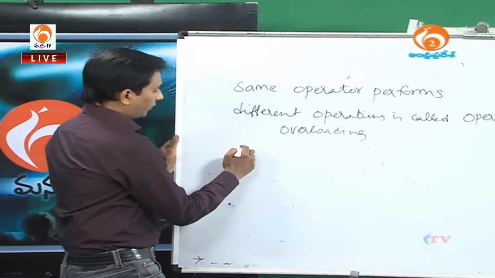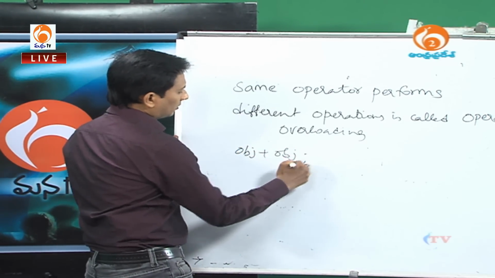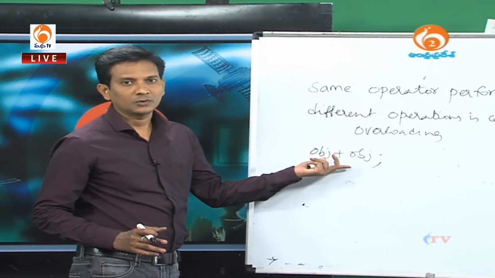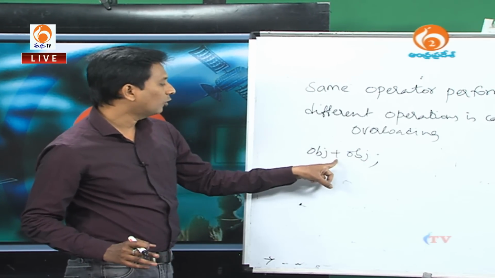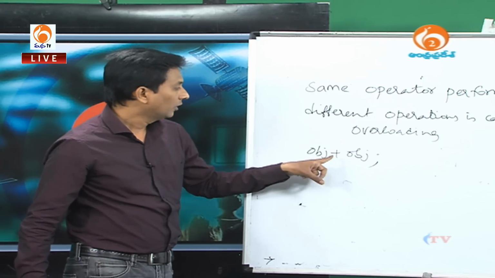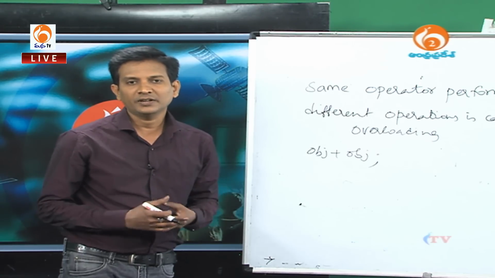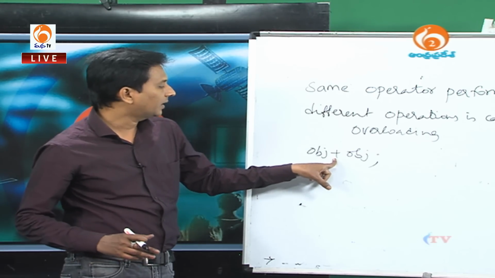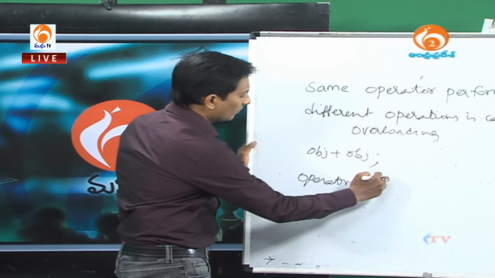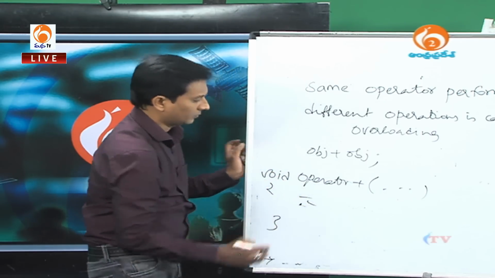For example, object plus object is not possible; I cannot add two objects. But by using operator overloading, it can be possible. That is one of the advantages. Without operator overloading, we have to write a different addition function. With operator plus, you can write some logic.